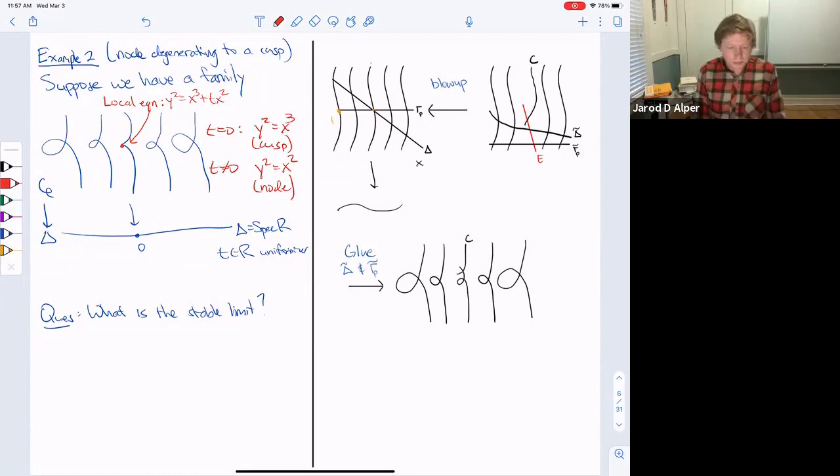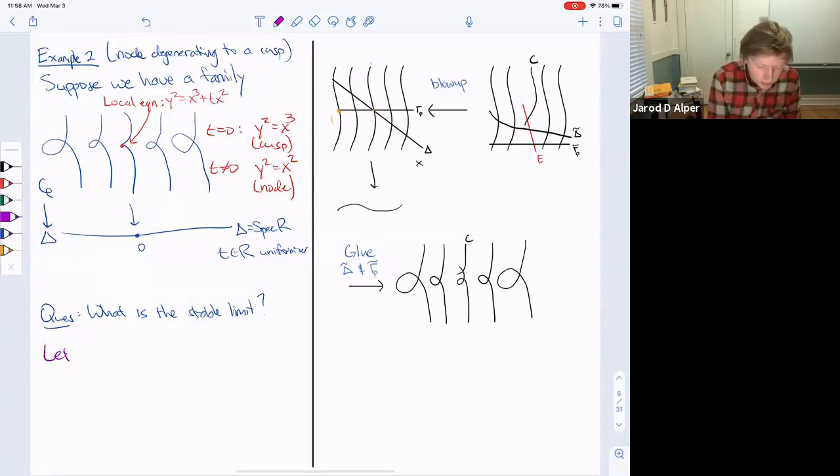And the question is, what is the stable limit here, right? We have a way to fill it in already where the central fiber is cuspidal, but we want to modify it in a way that's actually stable. And so what we do is let's take a section of this which picks out the node.